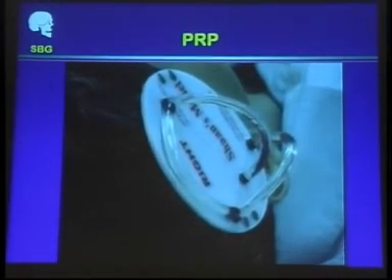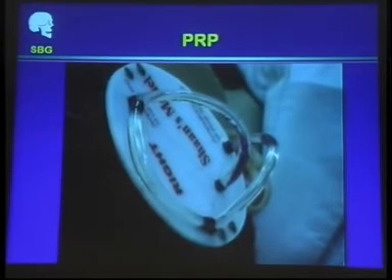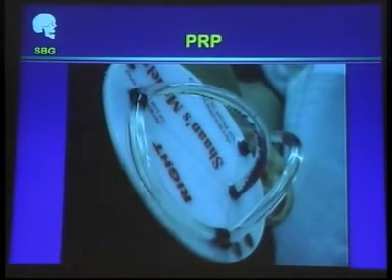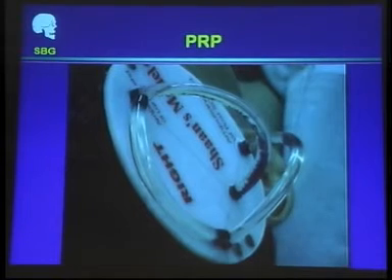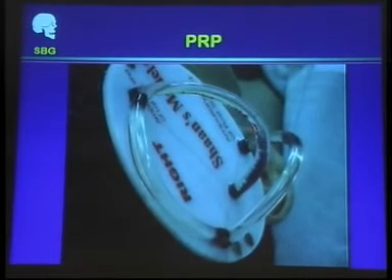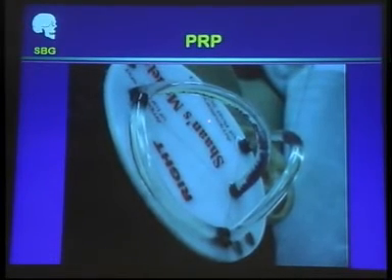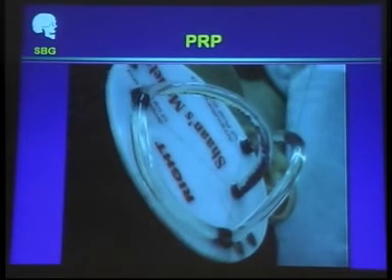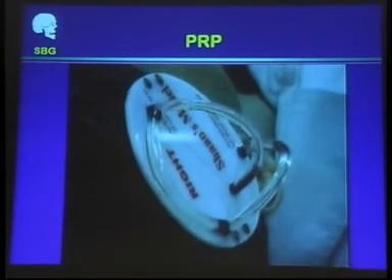Another thing which the model helps with is waiting for long enough, which is the commonest reason for failure of the particle repositioning maneuver. If you don't wait for long enough, not all the particles have gone down or to the opposite side or inside the utricle, and the patient gets recurrence of the symptoms.